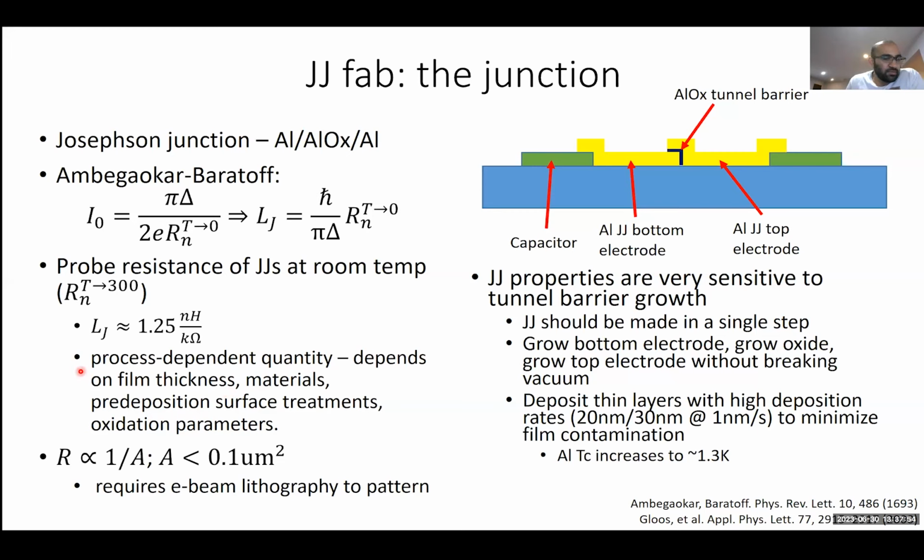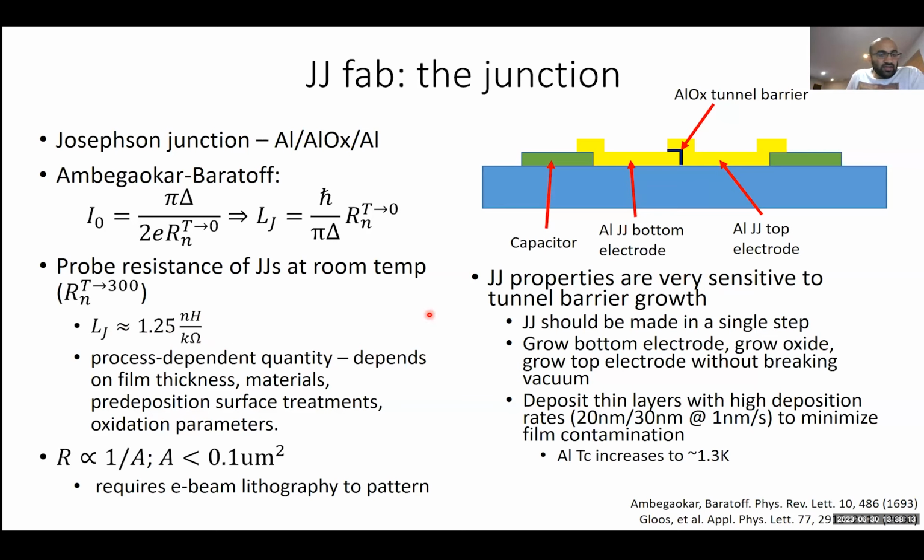Although in reality, this number can really vary from like 1 to 1.3, which is what I found in my experience. But it's a good starting point for when you calibrate the process that you actually end up doing. This is a very process dependent quantity.